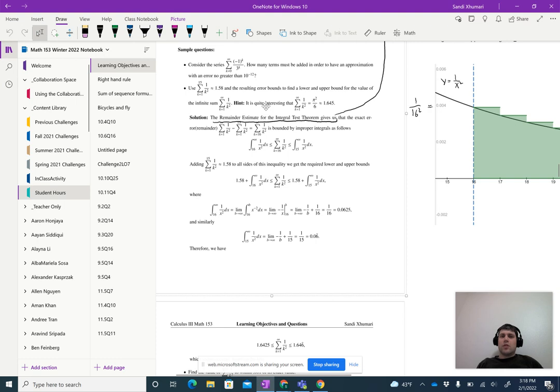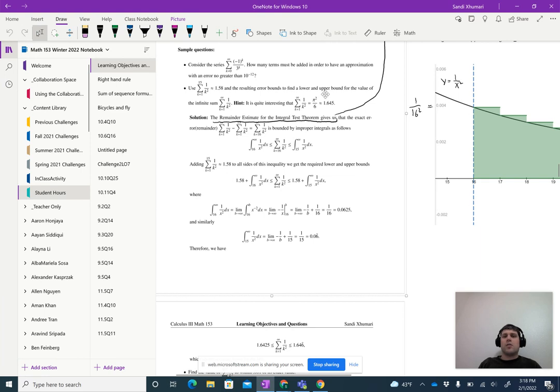This is related to one of the posts in Microsoft Teams, where I think there's a 3Blue1Brown video explaining why the sum of 1 over k squared is pi squared over 6. I highly recommend you watch that. So we know the exact answer in this case, and we want to use it as a way to check that we're on the right track.